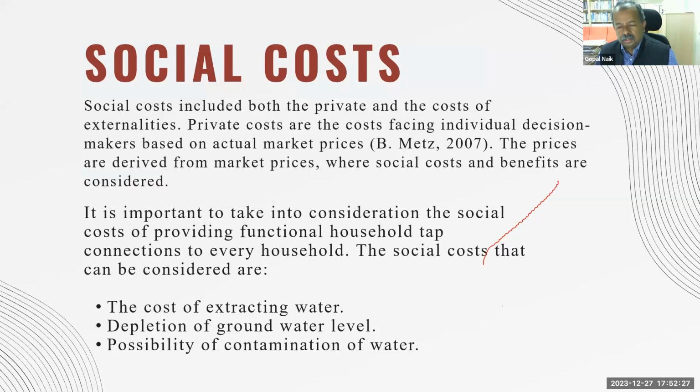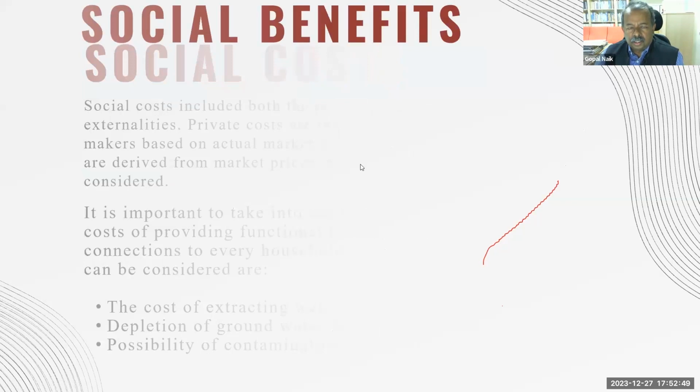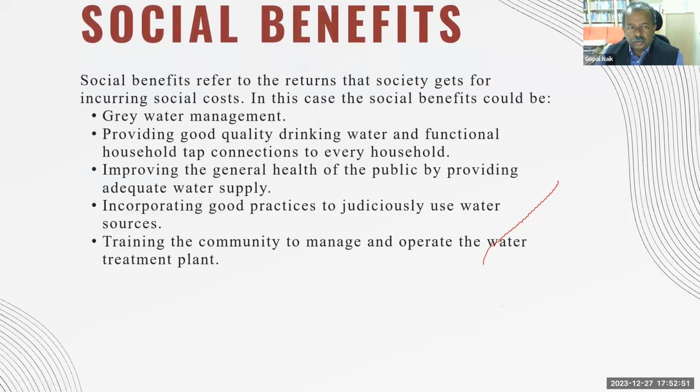Though the drinking water usage is much less compared to the agriculture usage and the industrial usage, agriculture usage is considered to be about 85% of the total water use, whereas drinking water is only about 7%. So therefore, the social cost may not be a very big issue.